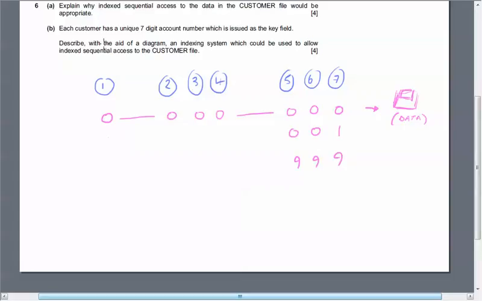Then over here we can talk about the indexing for the third part. Again, that's going to be 0, 0, 1 and 0, 0, 2, all the way to 999.